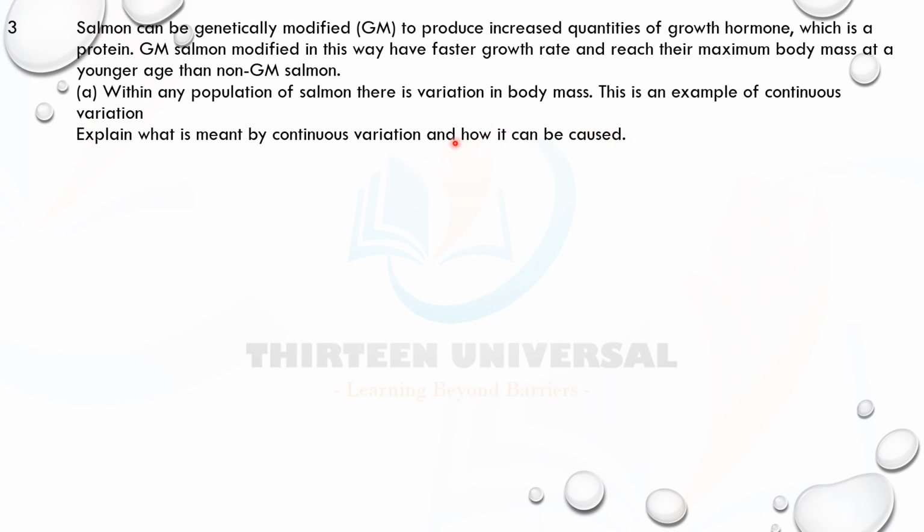Exactly, this question comes out all the time. Pause the video and try it. What is meant by continuous variation and how can it be caused? Two questions in one. What is meant is that it is the type of variation where the phenotypes have intermediates.